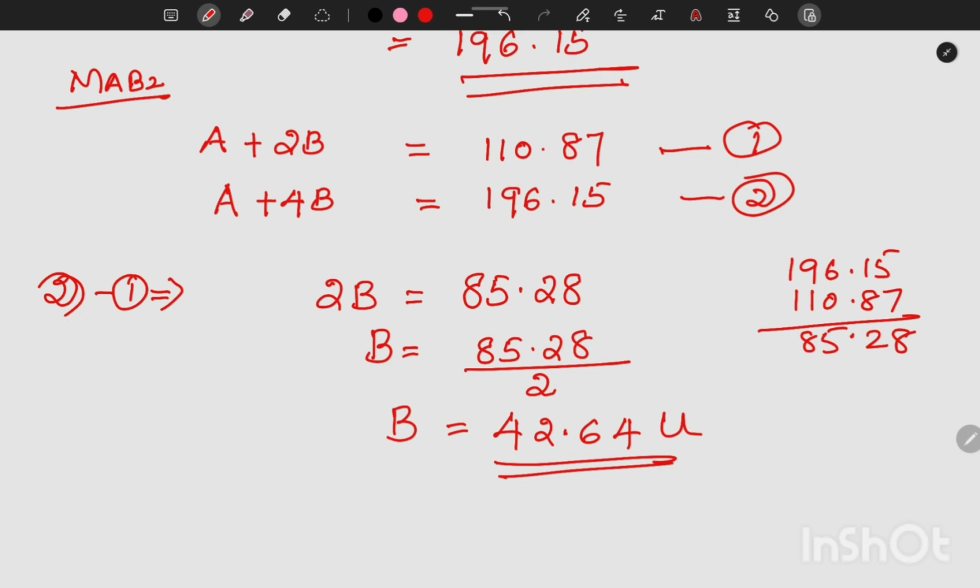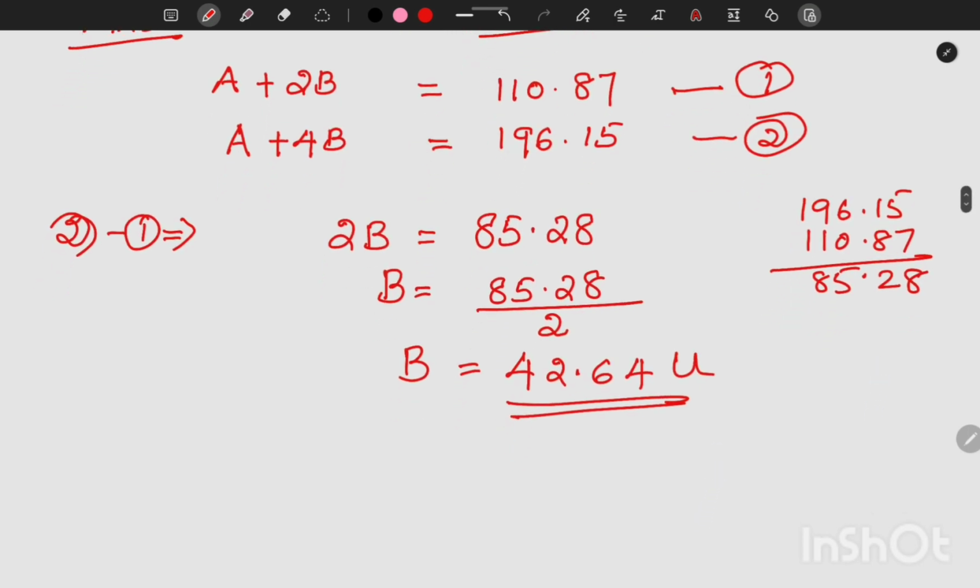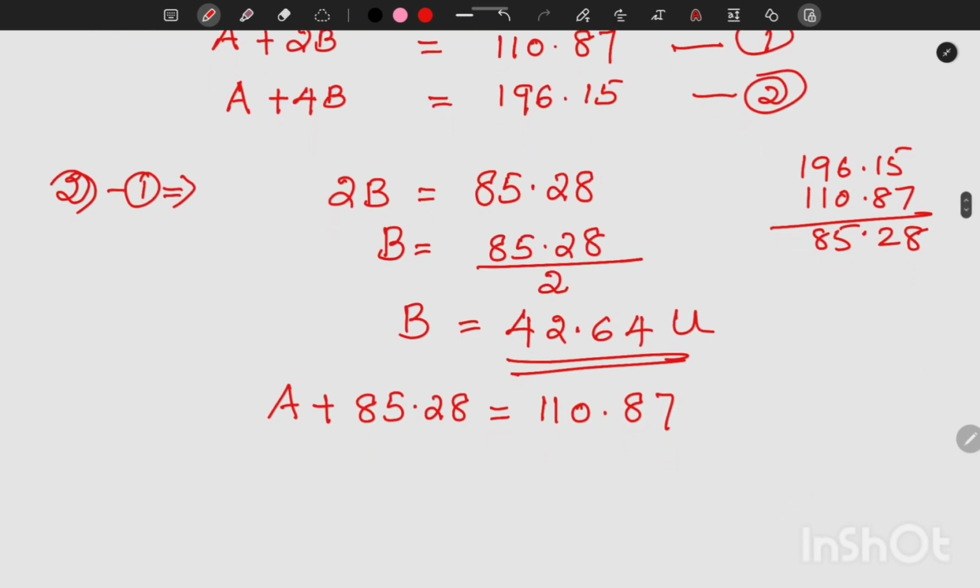Now let us substitute in any one equation and find out the atomic mass of A. A plus 2B, that is 85.28, is equal to 110.87. Let us substitute in the first equation. So A is equal to 110.87 minus 85.28.